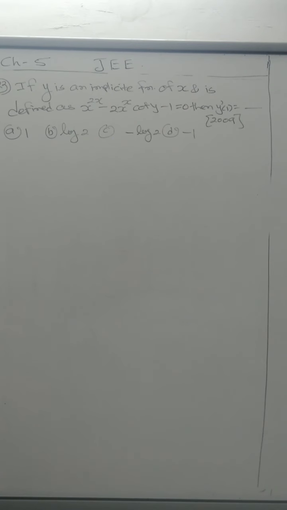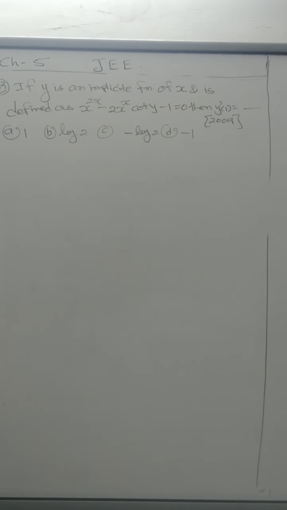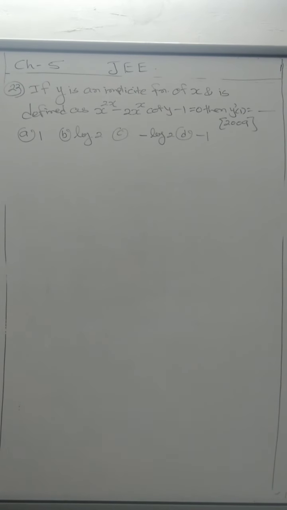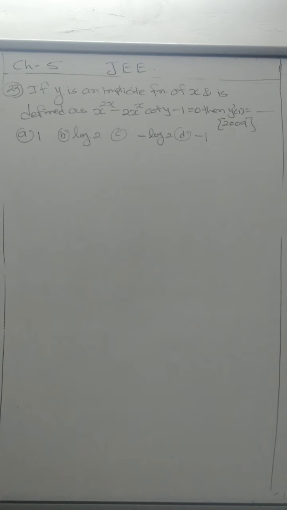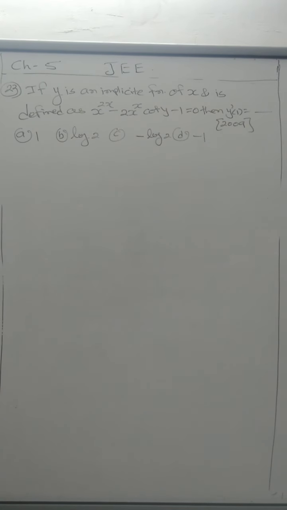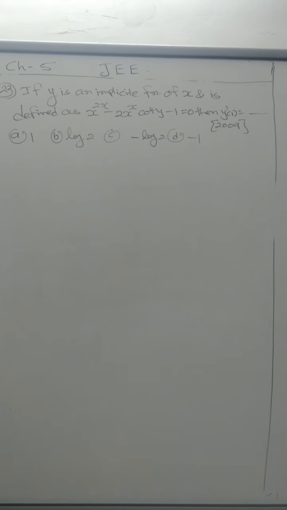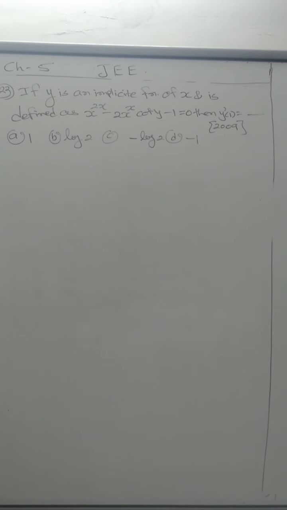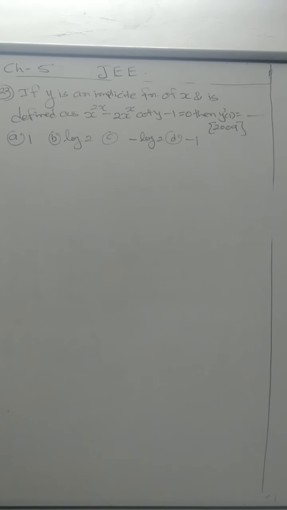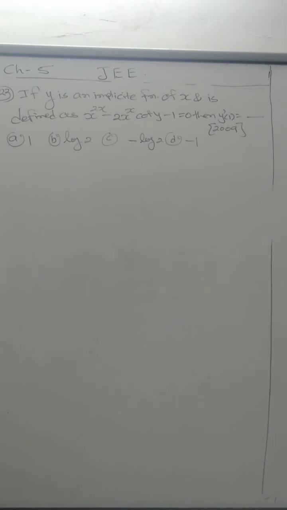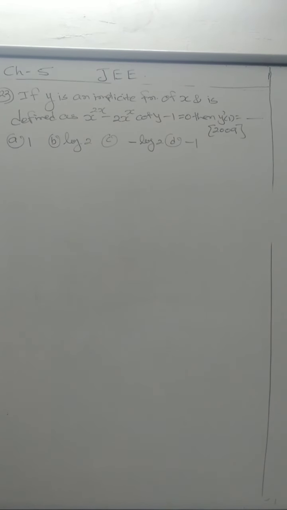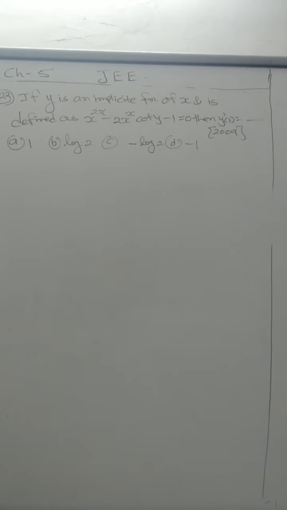Okay, next sum 23. In sum 23, if y is an implicit function of x and is defined as x^(2x) minus 2x^x cot y minus 1 equal to 0, then y'(1) equal to blank. In 2009, this question is asked, answers are 1, log 2, minus log 2 and minus 1.